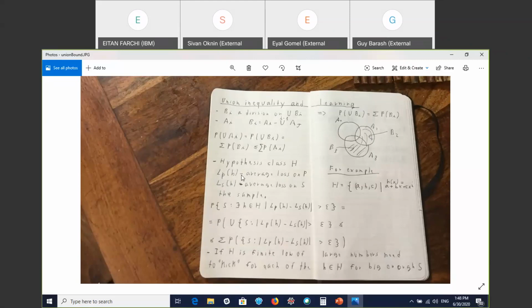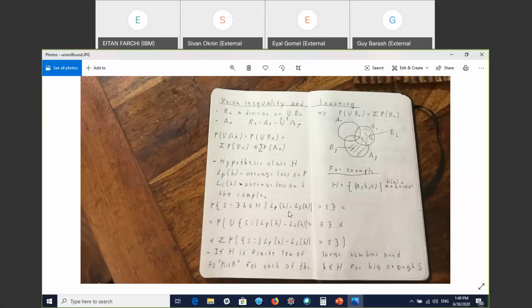Now let's see how the union bound comes into play. Looking at this statement, we're basically saying that the sample is such that there is a model in the hypothesis set for which the difference between the loss on the sample and the loss in reality is bigger than an epsilon.